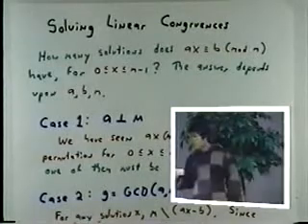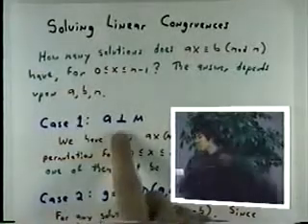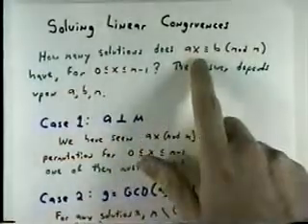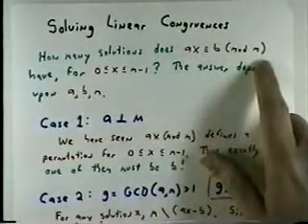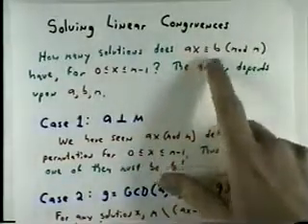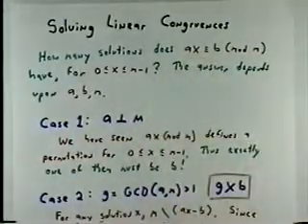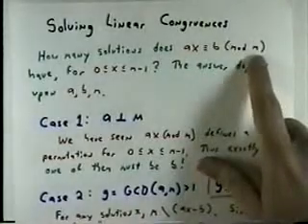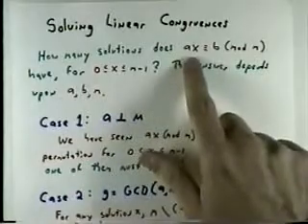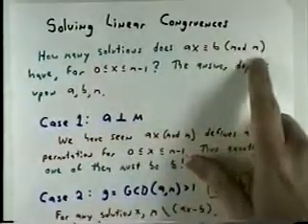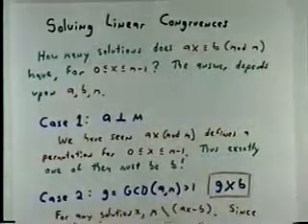It turns out that there are three cases of interest. The first is, how many solutions are there? Obviously, if we have one solution for X, there are presumably going to be other solutions that are bigger than M. So let's restrict the solutions to X to lie between 0 and M minus 1, since no numbers bigger than M exist in the mod world.